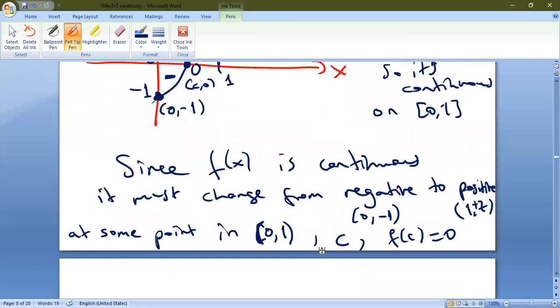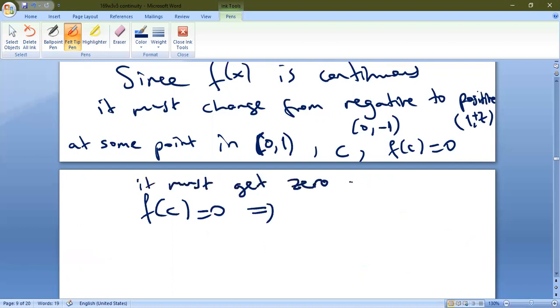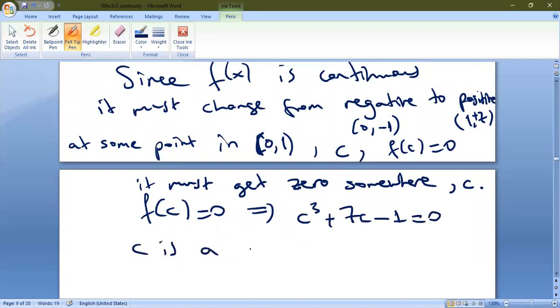So f of c equals 0 means c cubed plus 7c minus 1 equals 0. So c is a solution for the equation.